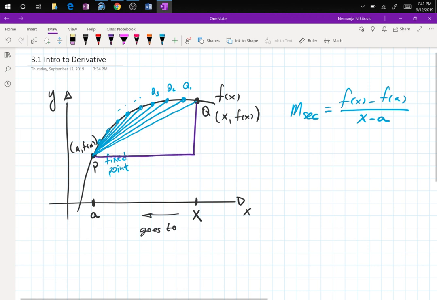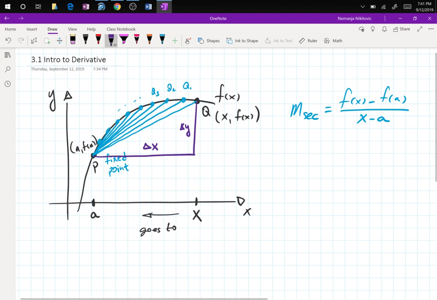As you are considering this triangle, understand that there is a change in x, which we usually call delta x, to go between x and a. And then there is also a change in y, which is the height change, because clearly point Q is higher than point P. They're in different locations, so there is a change between them.